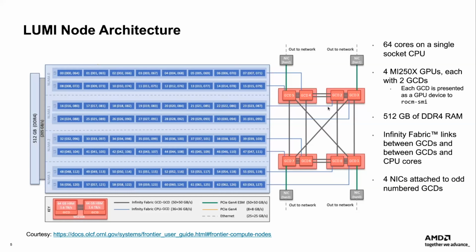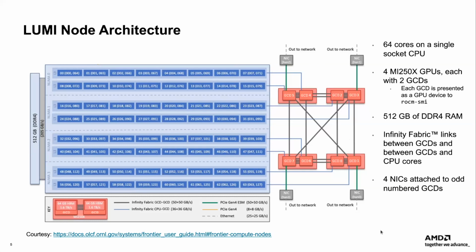And you see that each one is connected to a different set of 8 cores. And we have 512 gigs of DRAM memory. And finally, we see that there are 4 network interface cards. So 4 NICs that connect a node to other nodes in the network.